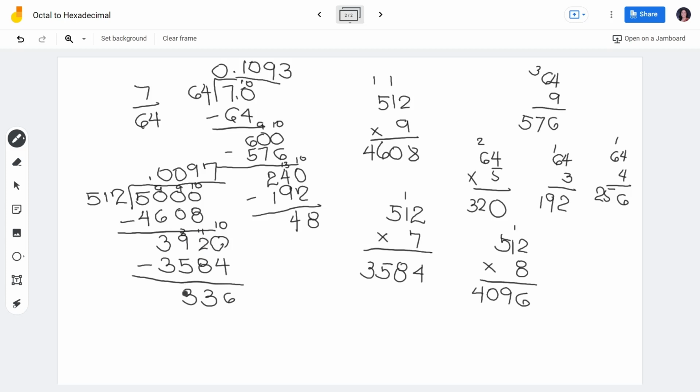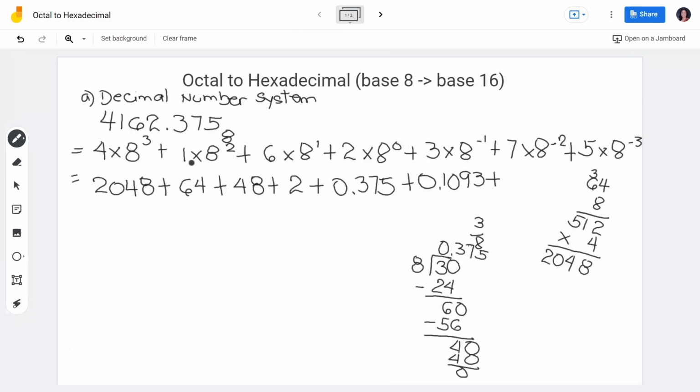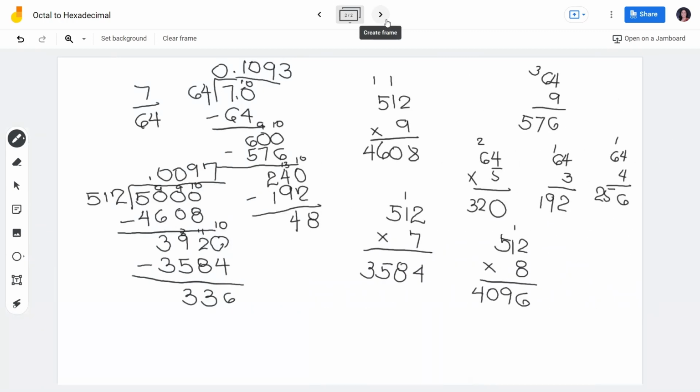So this is our value, 0.0097. So let's get back to our computation. We have 0.0097 as the result.